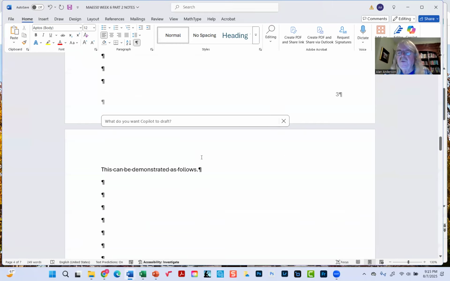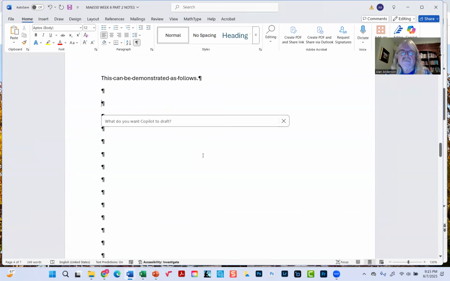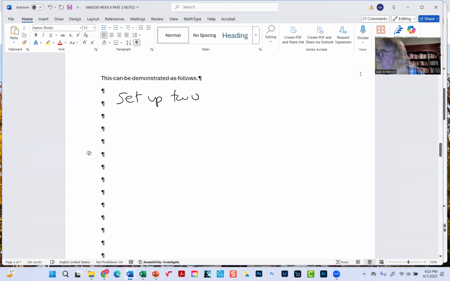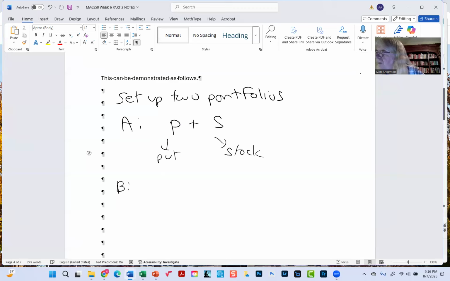We have to set up two portfolios, and let's call them portfolio A and B. So portfolio A will be the put and the stock. Portfolio B will be the call.